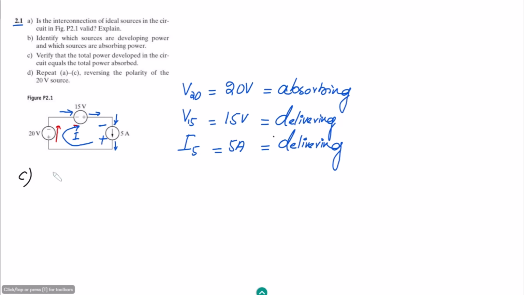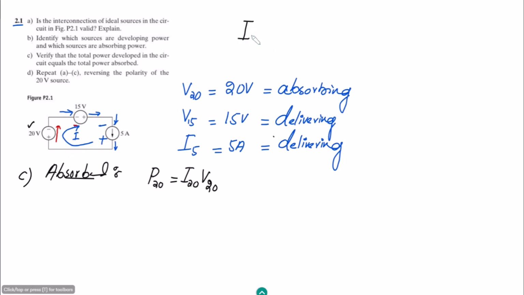So first let me find out all the absorbed power. Okay, so the only absorbed power is through this one, which is P20. So here this would be I20 multiplied by V20. V20 is the voltage across it, and I20 is the current which is flowing through all of this circuit.